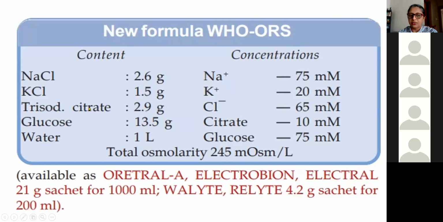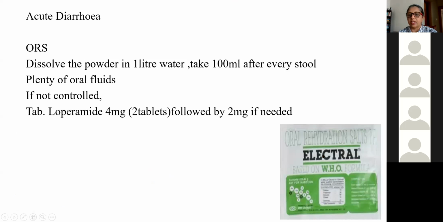These have to be mixed in 1 liter of water. It is usually available as a packet, and the whole packet should be dissolved in 1 liter of water. Then the patient has to take 100 ml after every stool.